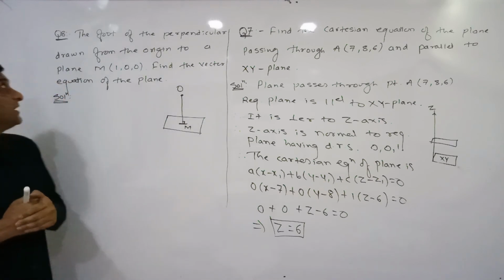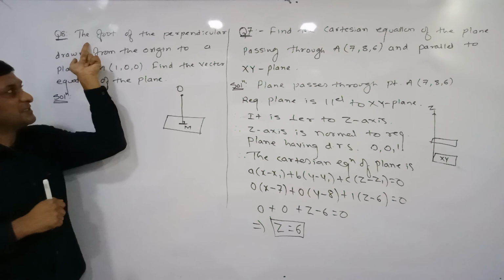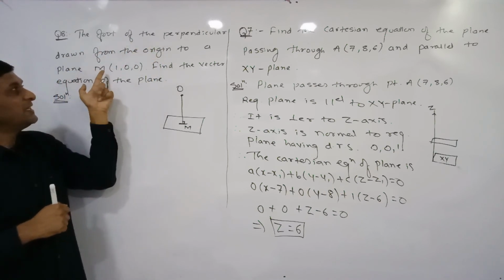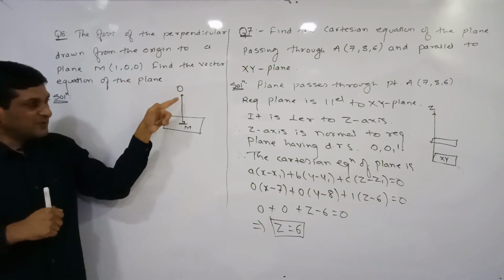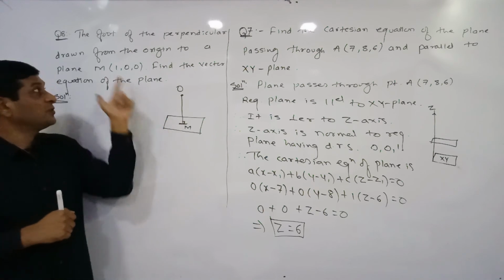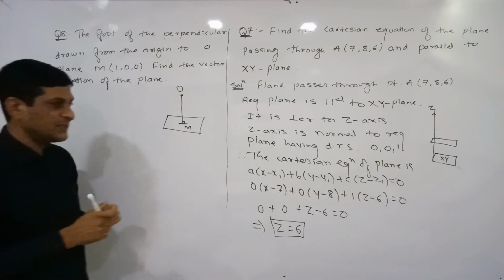Now we are solving example number 8. In the 8th example, it is given to us that the foot of the perpendicular drawn from the origin to the plane is M, having coordinates 1, 0, 0. From this origin, one perpendicular is drawn on the plane and the foot of the perpendicular is denoted by M, and the coordinates of this foot of perpendicular are also given to us.